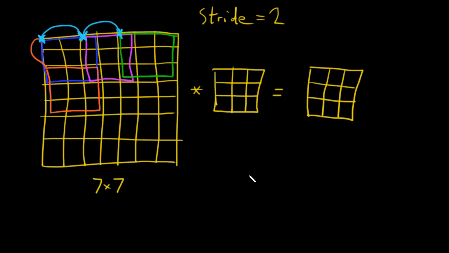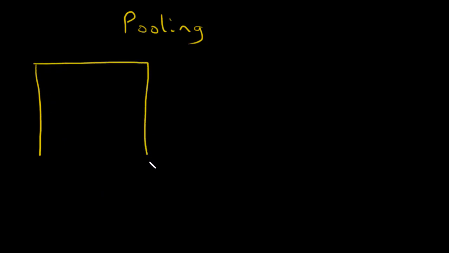And now for the very last one, and this is one of my favorites, we're going to talk about what's called pooling. Okay, so let's say that I have a 4 by 4.